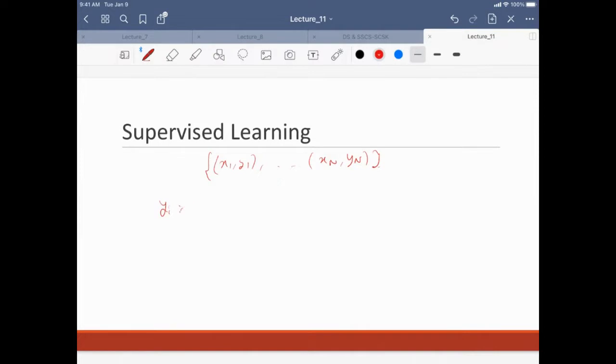So yi's could either be a discrete one in k, which is basically classification. If k is equal to 2, then it's binary classification. If k is greater than 2, then it's multi-class classification. Or this could be continuous, and basically it's like y in R, and this is in the case of regression.